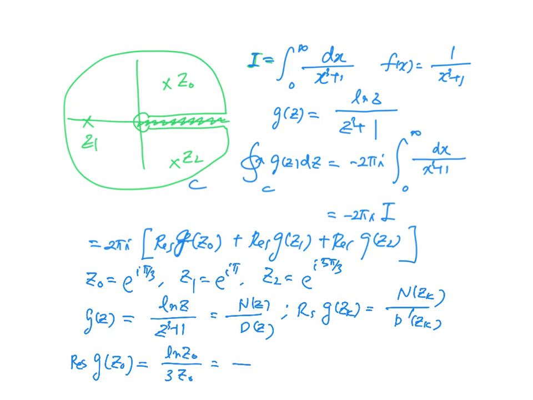So this is what? 3 times exponential I pi over 3, times ln of exponential I pi over 3, which is simply I pi over 3, times exponential minus I pi over 3.